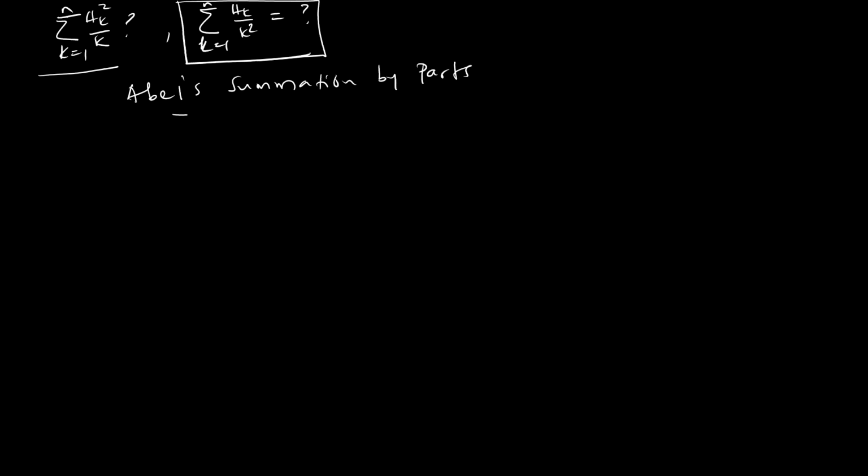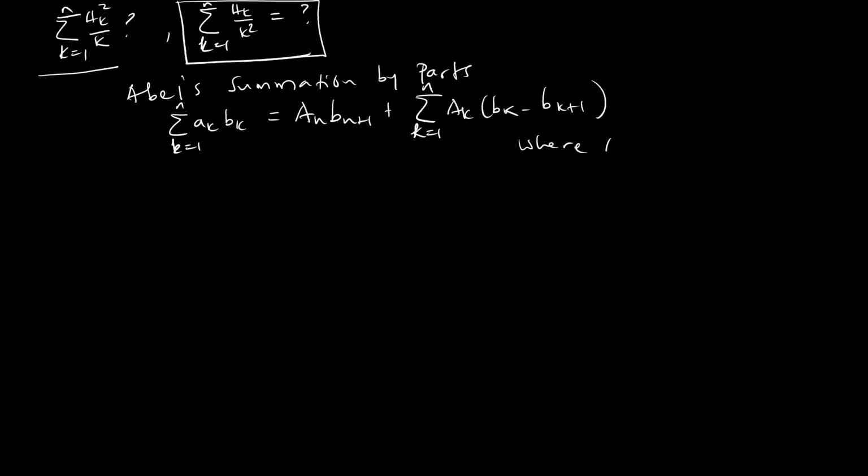where if you had a summation from k equals 1 to n of a_k b_k, that would be equal to A_n b_{n+1} plus the summation from k equals 1 to n of A_k times (b_k minus b_{k+1}), where A_n is taken to be the summation from k equals 1 to n of small a_k.